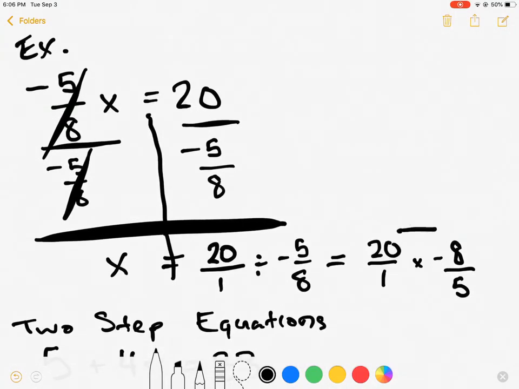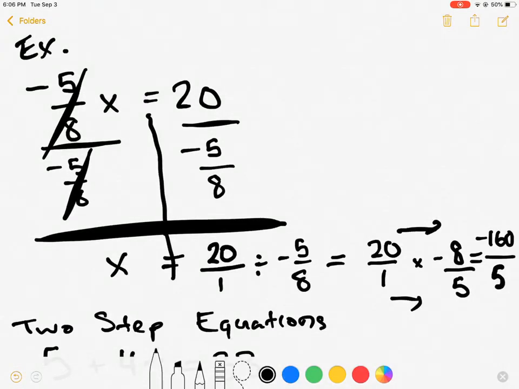So now we've got two fractions that we want to multiply together. In our numerator, 20 times a negative 8 ends up being negative 160. And then in our denominator, if we multiply our fractions straight across, 1 times 5 ends up with a denominator of 5.